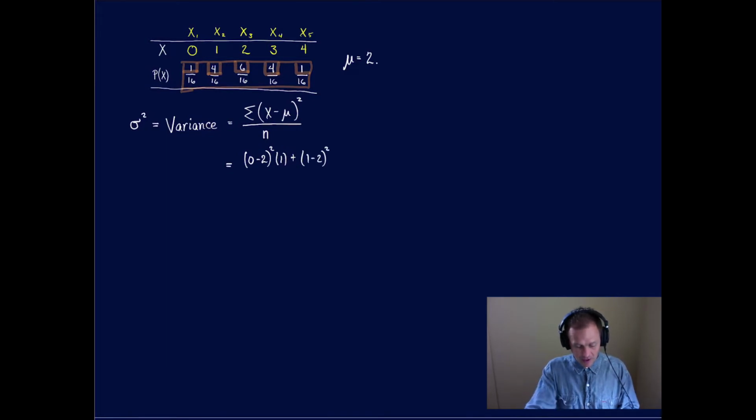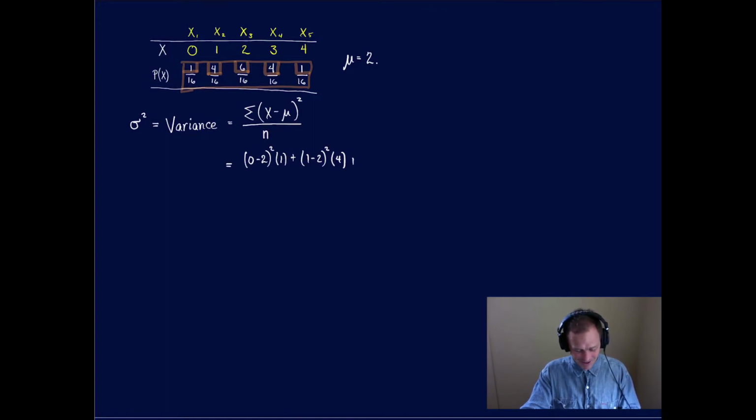I square it, and then I multiply it by how many times a family could have 4 children, of which 1 was a girl, and that occurred 4 different ways. It's just easier to do it by multiplying rather than writing 1 minus 2 squared plus 1 minus 2 squared plus 1 minus 2 squared plus 1 minus 2 squared. We could just multiply it by 4.